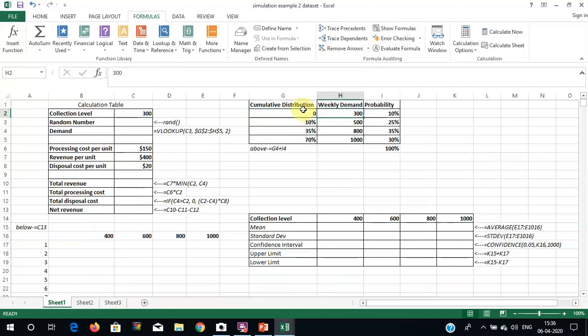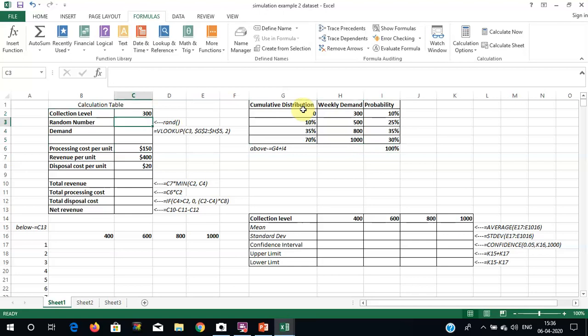This is the probability distribution: 0 to 10% is 300, 10% to 25% is 500, 35% to 70% is 800, and 70% to 100% is 1000 units weekly demand. Whatever we have from the last 1 year of data, the sum of probability is 1. Suppose we are looking at a collection level of 300.